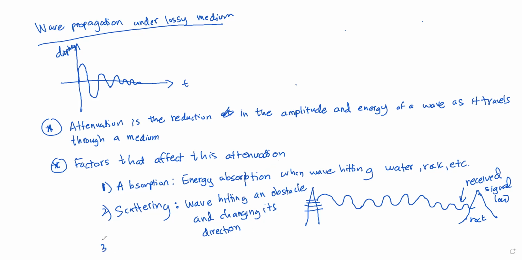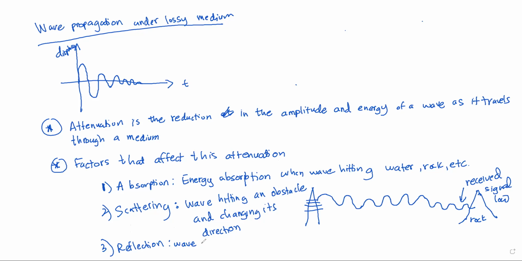Okay, so the third thing is reflection, which is also a factor that can happen, where the wave will hit a certain object and then change its direction such that it moves back into the same medium that it was traveling in.